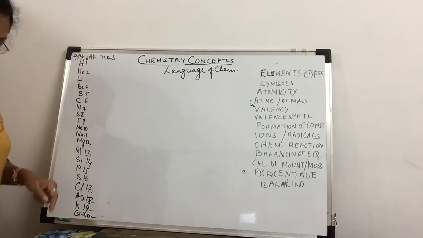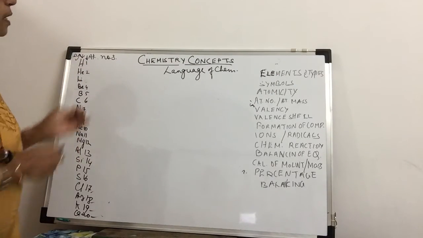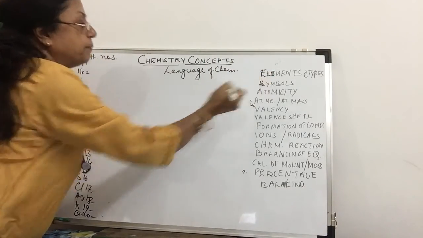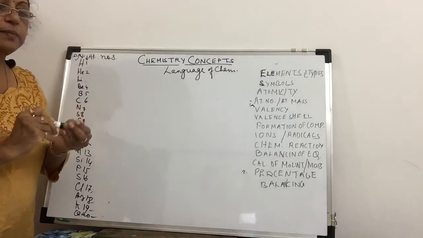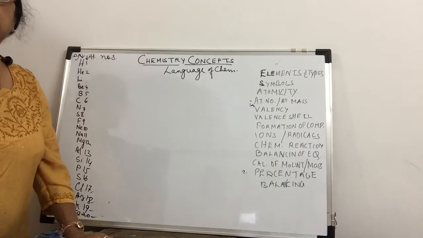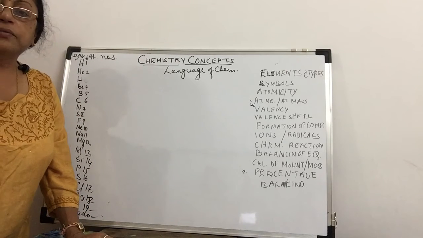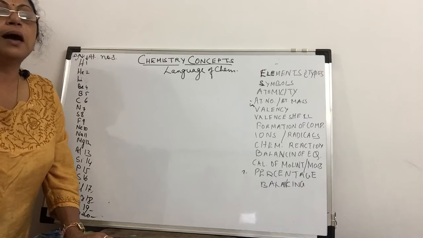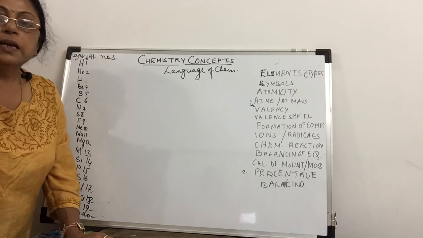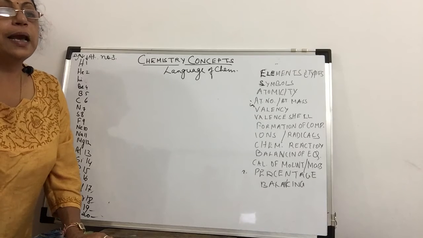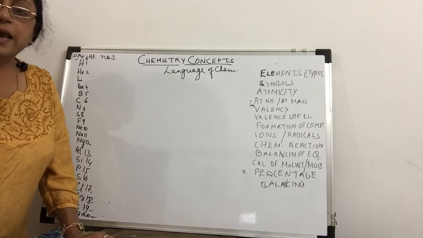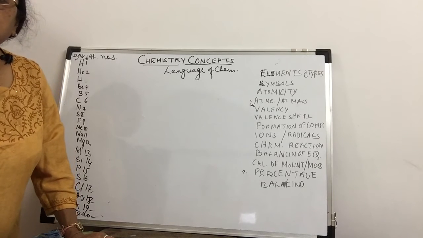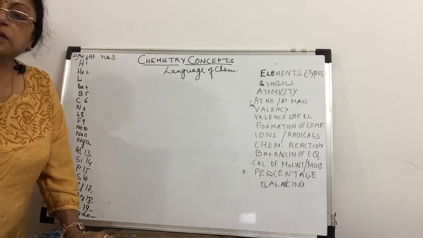Elements, what are the elements? We have spoken about elements found in nature. There are 118 elements that we have found till now, and 92 elements are from nature. These are the elements we find in air, in the atmosphere, under the earth's crust.